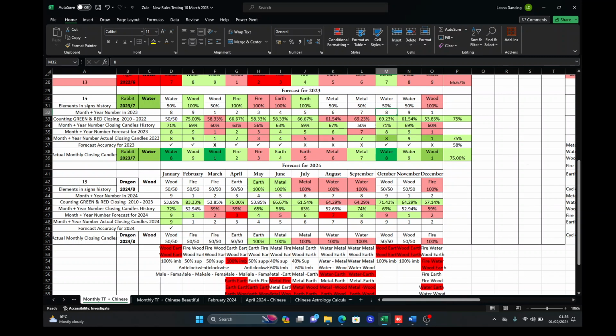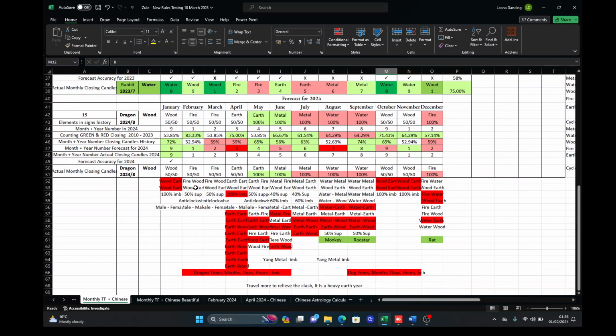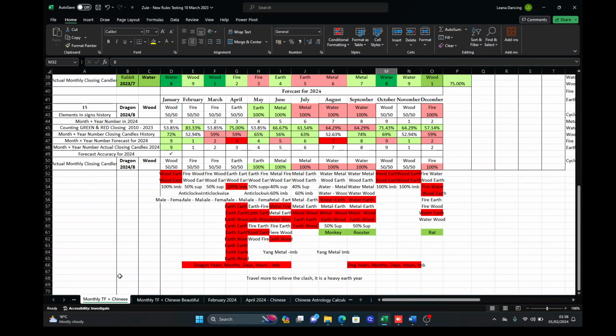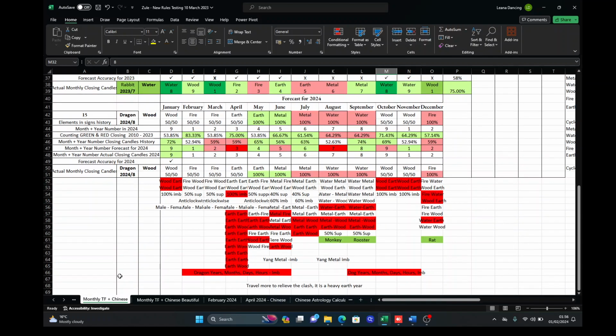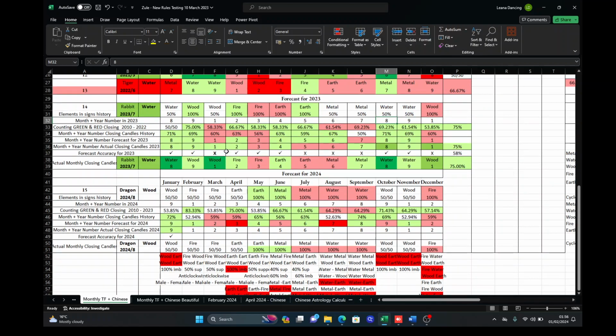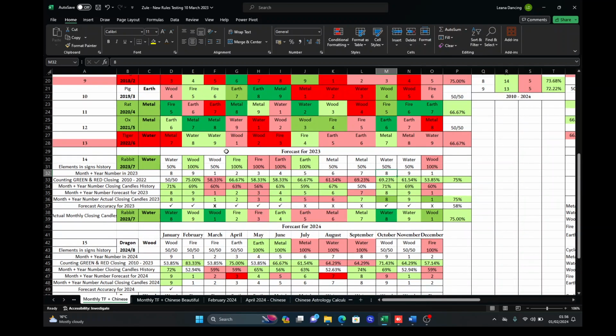Once you learn the system, you can just copy and paste this table below, and you'll be able to make your own forecasts for future years. If you paste the table below, you just hide these rows here with my calculations for this year, and everything will be very neat as it is in those tables.